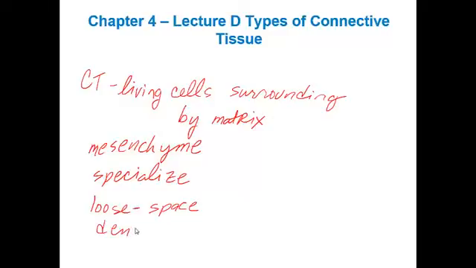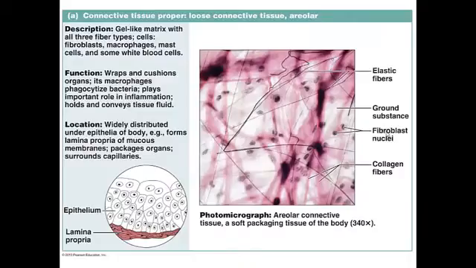And then there's also the dense connective tissue, which has very little space within the extracellular matrix. So the first group that we're going to look at is the areolar connective tissue, and this is on our next slide.